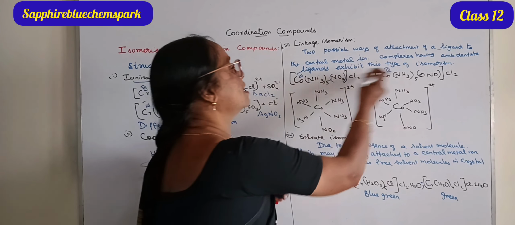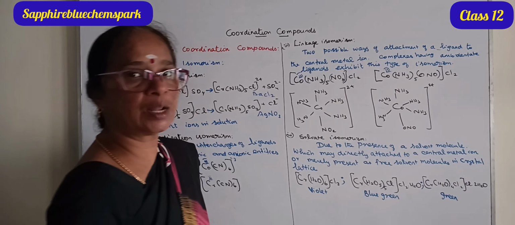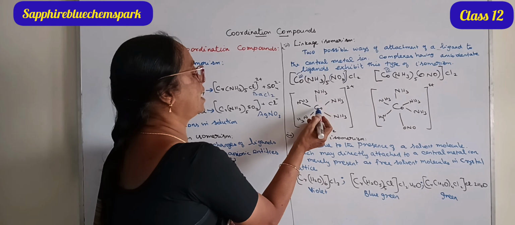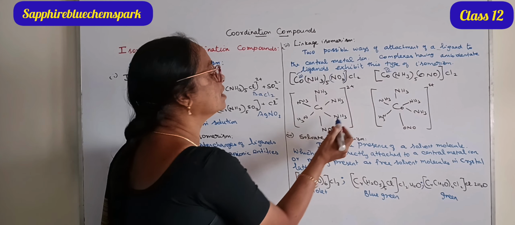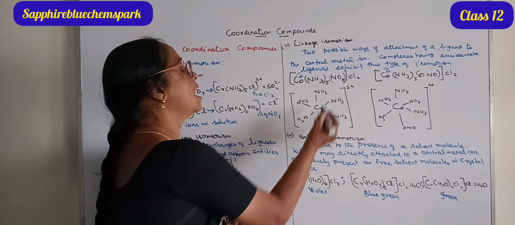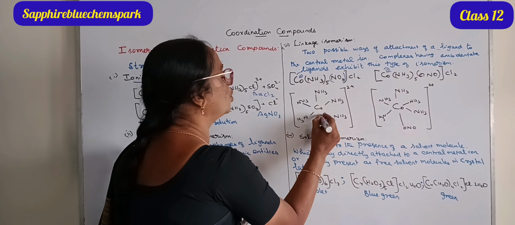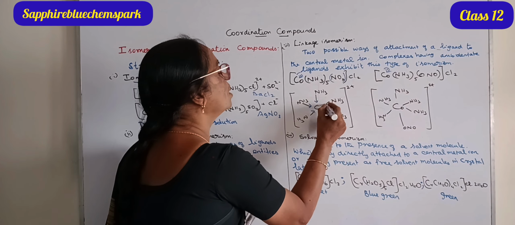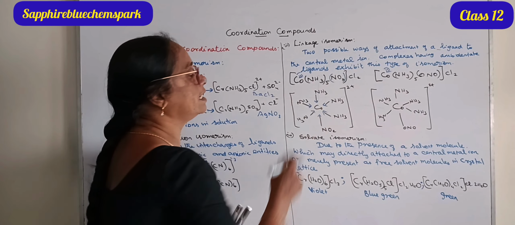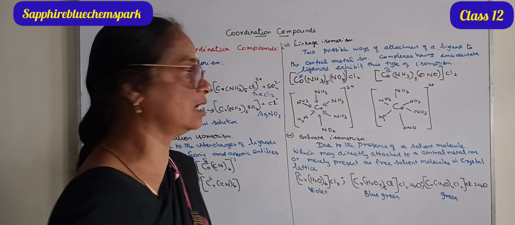So the structure of these complexes we can represent in such a way. In this case, the cobalt is surrounded by the 5 ammonia ligands, along with the NO2 group, where the nitrogen is directly attached to the central metal ion.